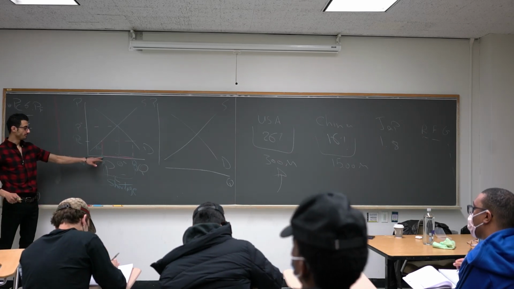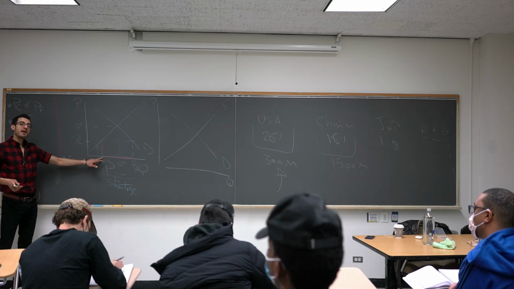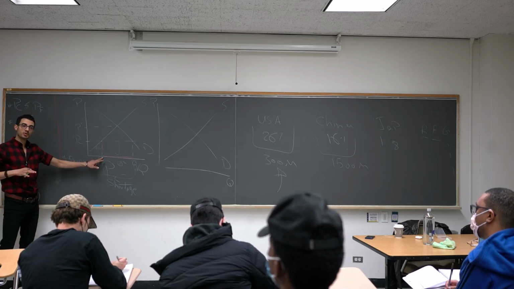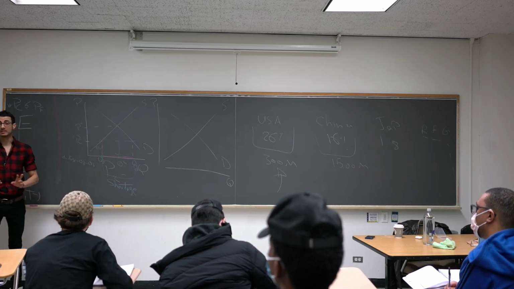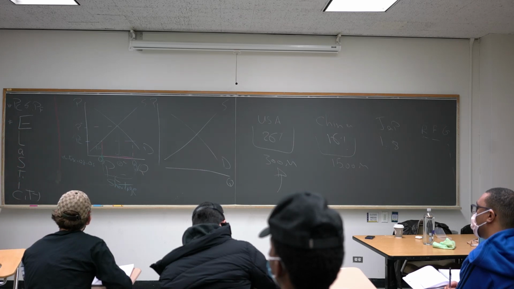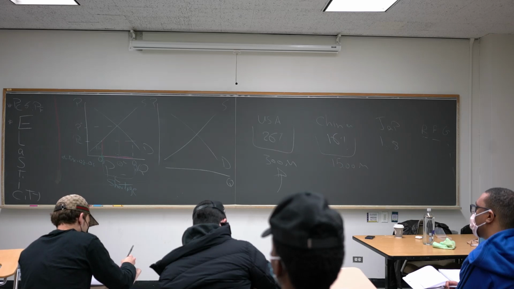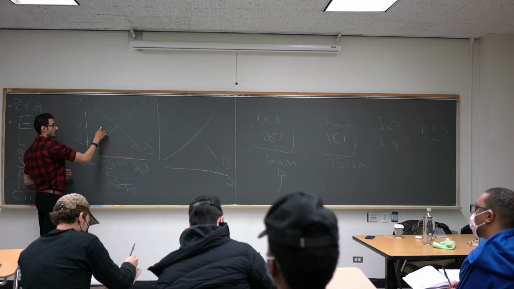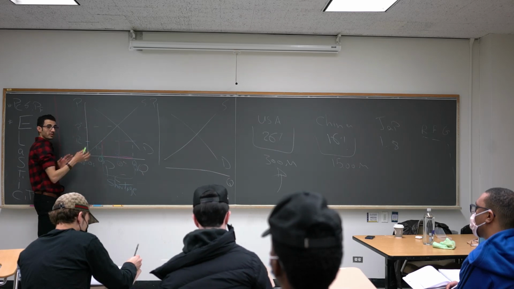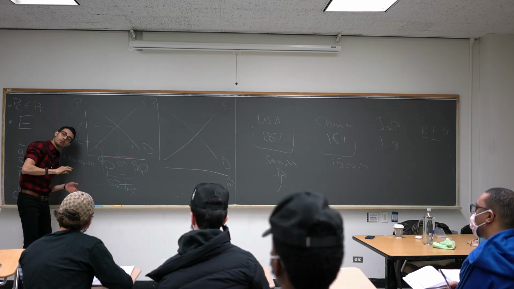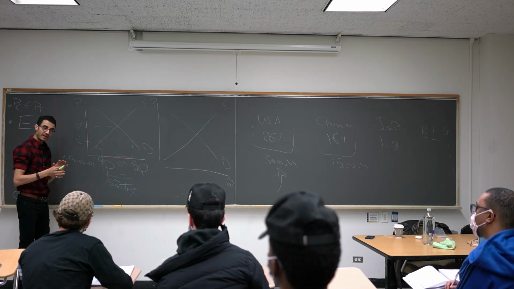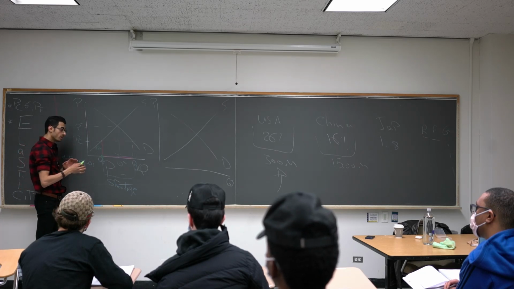These people, if they were to buy this product before the price ceiling, how much would they pay? Before, at the equilibrium price, they would pay this. Do you agree? But now they will pay this.